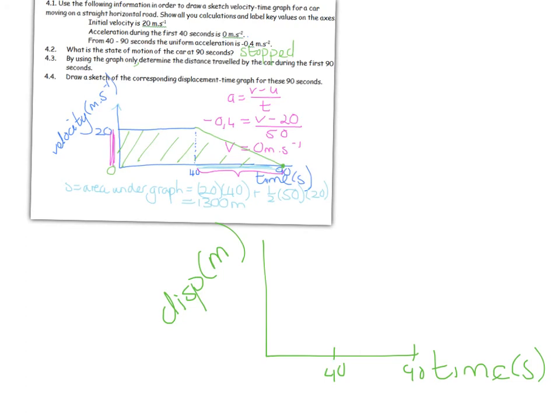We've got a constant velocity here of 20, so I go straight up. Constant velocity on a displacement time graph is a straight line, and after that I have a decreasing velocity, so it curves like that till 90, and at 90 I'm horizontal because that's where I have stopped. What is my displacement after 90? I've calculated that, so I should label it 1,300 meters.